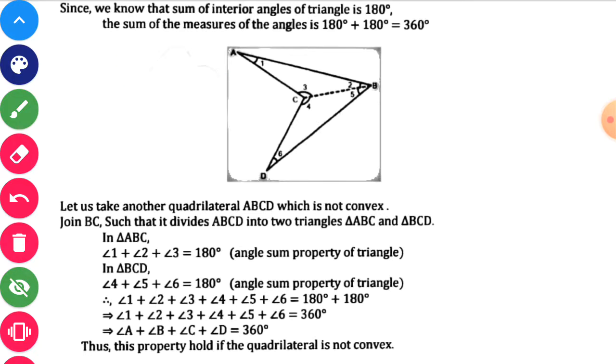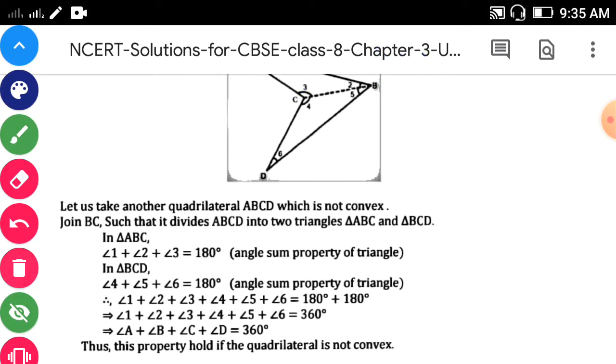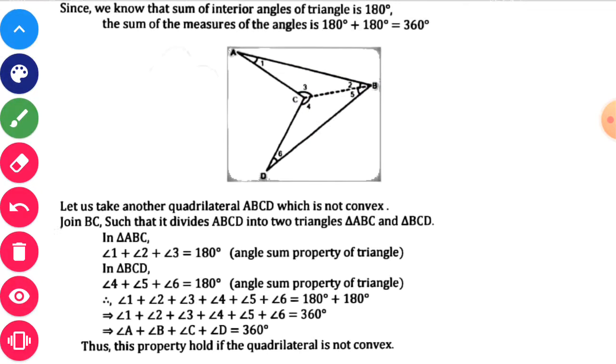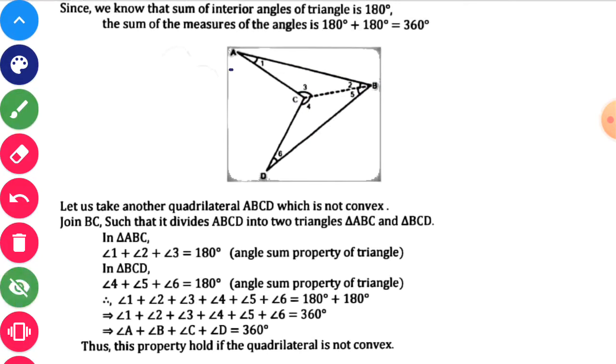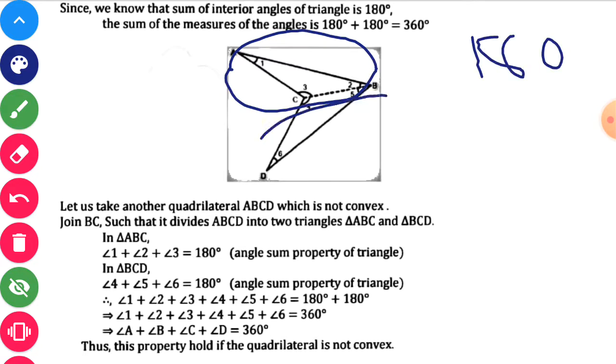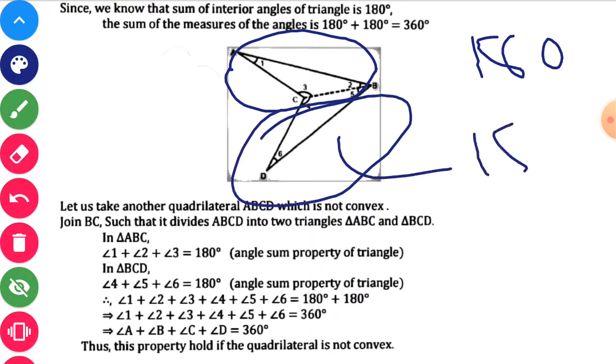So what is angle sum property? That sum of measurement of all three angles are 180 degree. So all these three angles, once again, sum of all three angles is 180 degree, and in the second triangle also it is 180 degree.